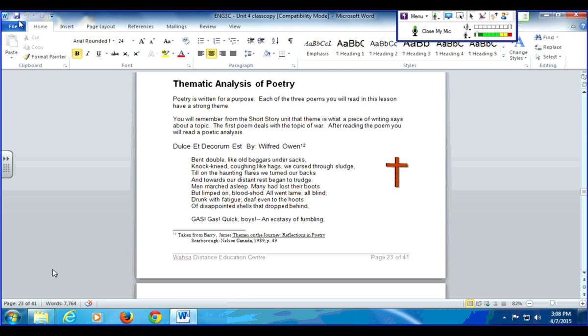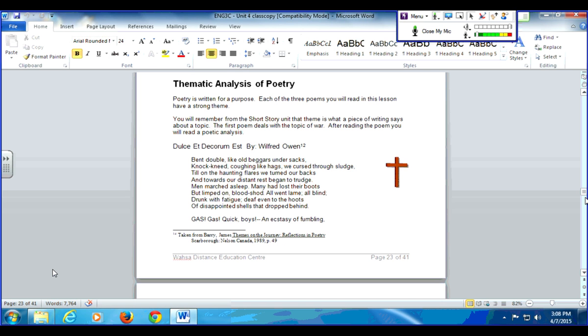So we read through this poem by Wilfred Owen, and this is where we ended off. We were flipping to the very back of lesson 19, looking at page 28.